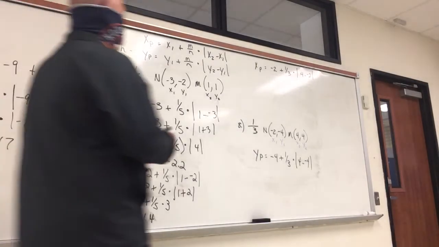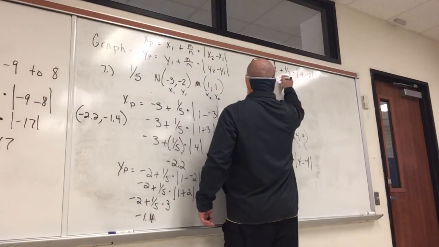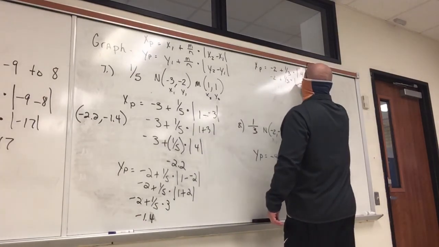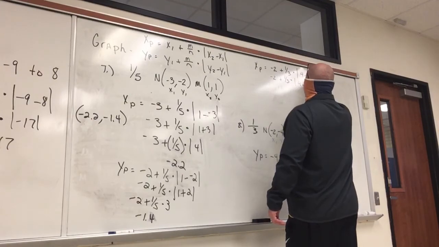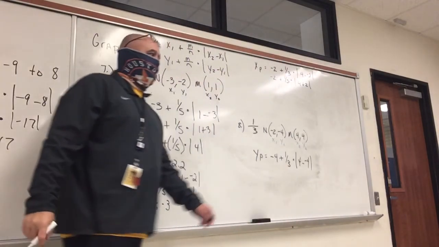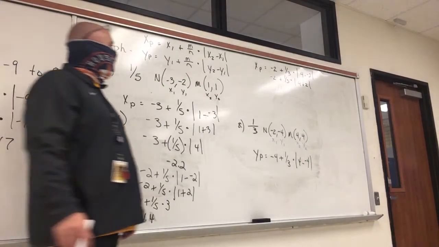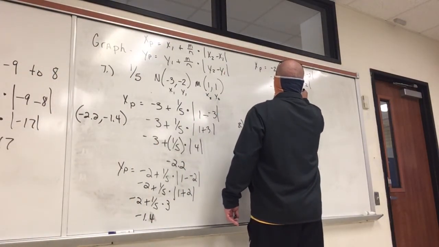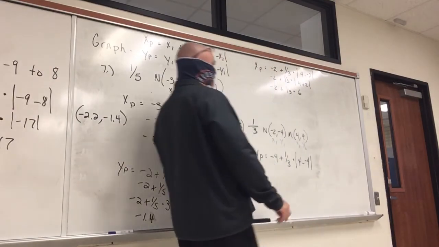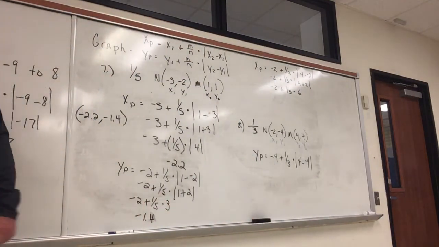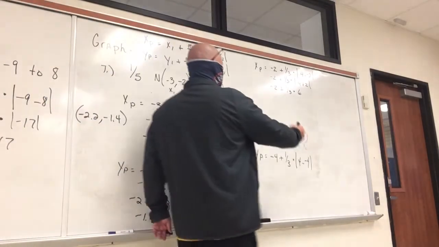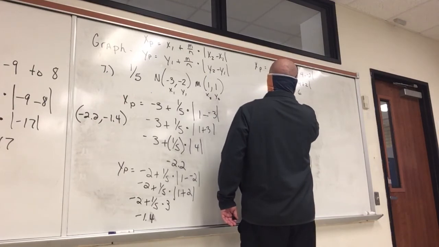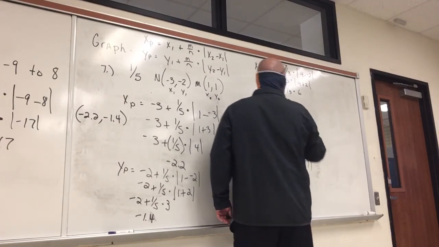Alright, I'm gonna start working this. Negative 2 plus 1/3 times the absolute value, that changes to 4 plus 2. Okay? That gives me negative 2 plus 1/3 times 6. That gives me negative 2 plus 2 is 0.